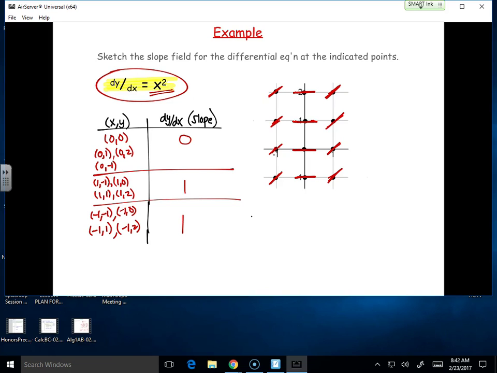If I was to ask you an extra question and say, let's assume there is a particular solution given the point 0, 1, sketch the particular solution, what would you do? Place the point at 0, 1, and then follow the flow. Now, it approximately has to level out.